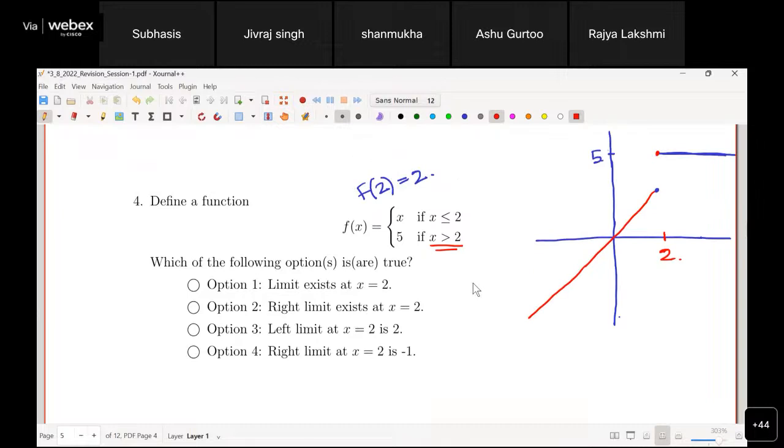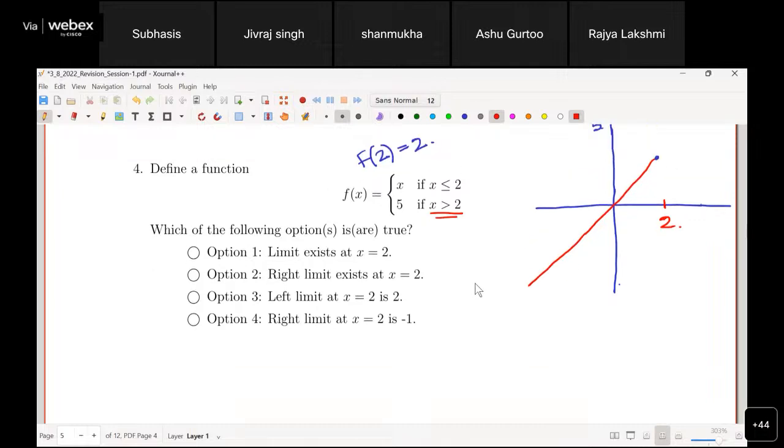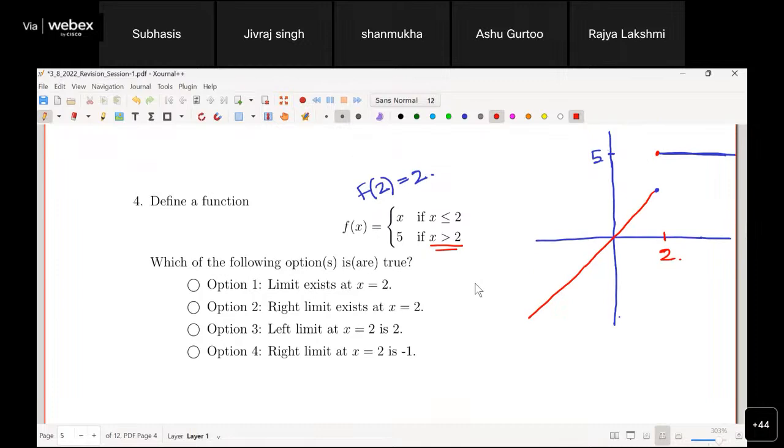What is our task? We need to find the left hand limit and the right hand limit of this function at x equal to 2. Can you tell me what will be the left hand limit of this function at x equal to 2? 2, sir. Right. Let me quickly tell you why. In the left hand limit, you try to find the limit of the function when you are approaching 2 from the left hand side of 2.